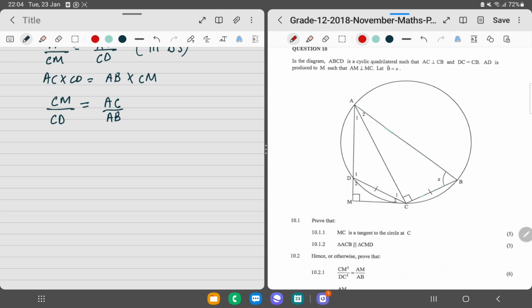So I have AM. Then I'm going to go and look for AM. AM is right there. And then I have CM. CM is that line. So I'm guessing it's going to be this huge triangle. And then I also have DC. So I think it's going to be this triangle.